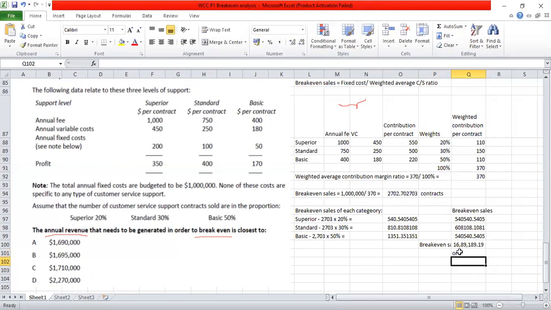We have it as 1 million, round it off to the nearest 1000 because that's how the values are given. 690. That is the answer.